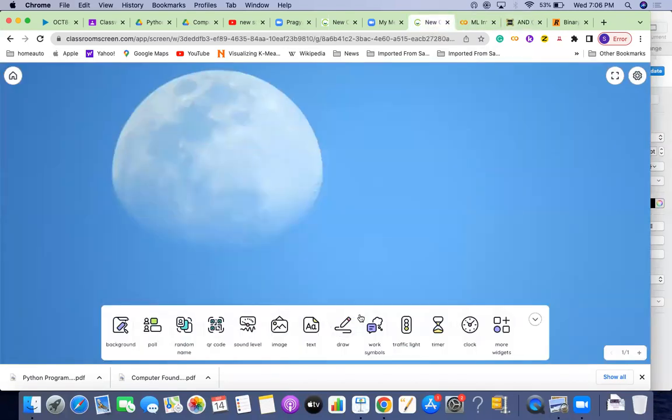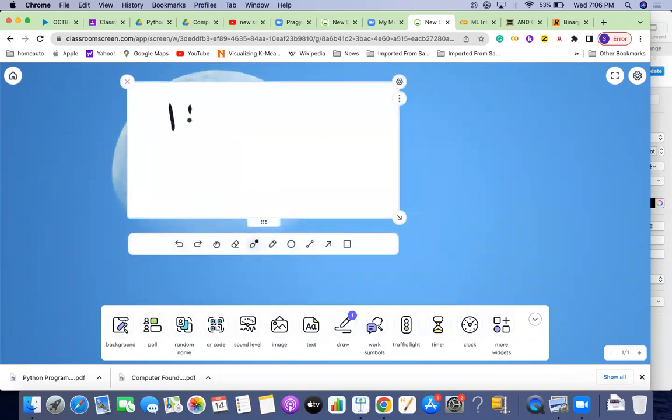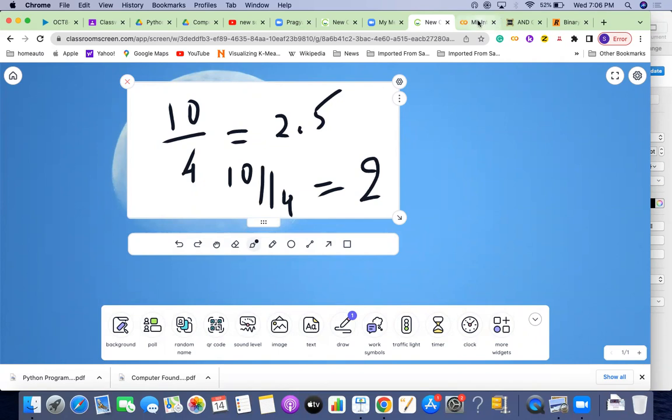Okay, let me explain again. 10 by 4, if you do normal division, it will be 2.5, correct? This is normal division, correct? Yes, sir. Now if I do floor division, what would be the result? 2. So that is what we get here.